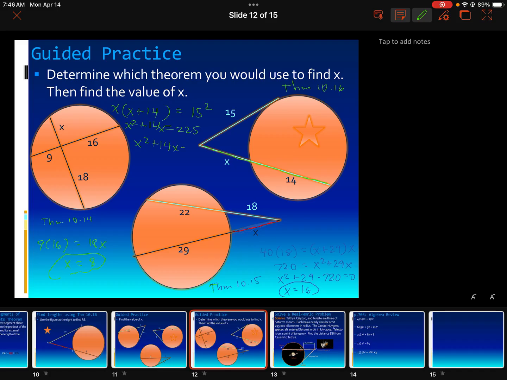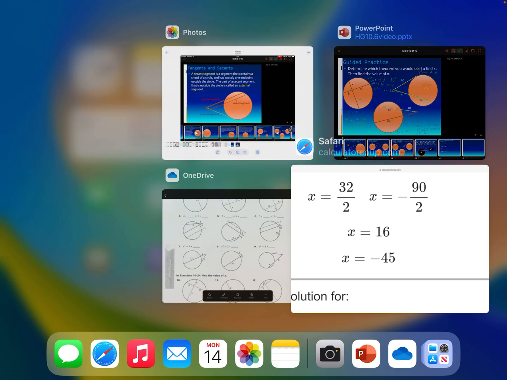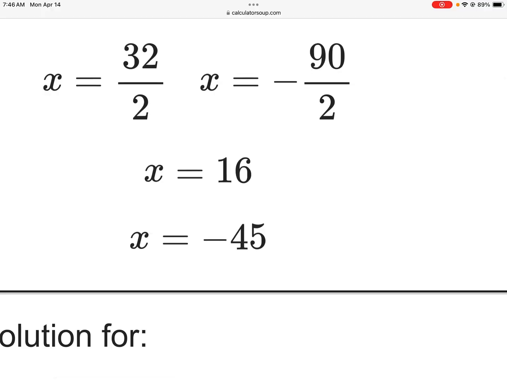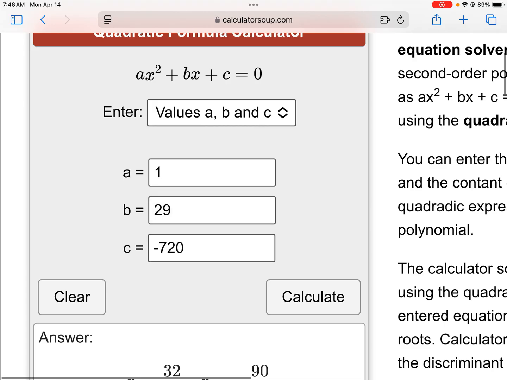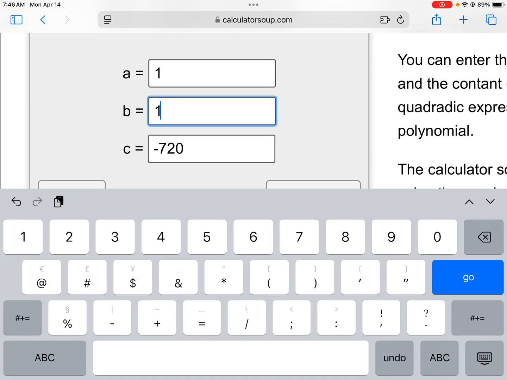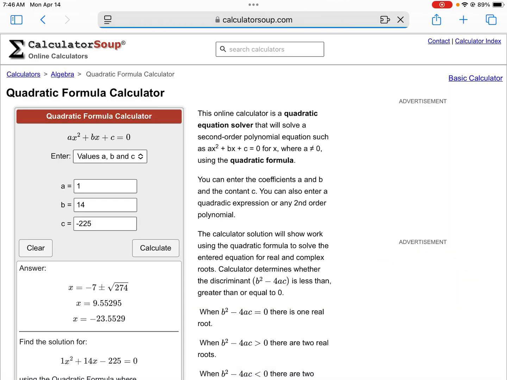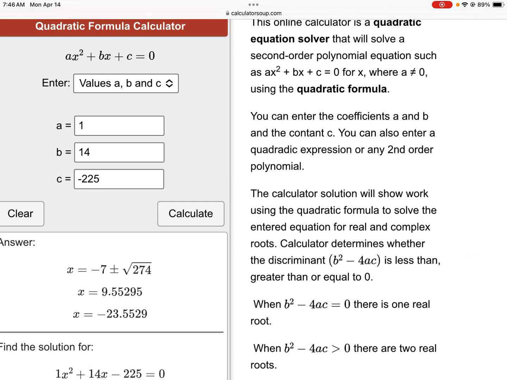I'm not going to mess around with this one either. It's going right into the quadratic equation calculator. I know space is tight. 1, 14, negative 225. Okay, yeah.